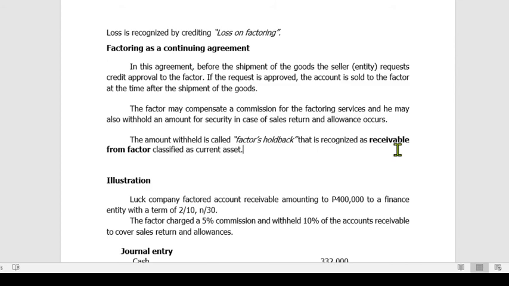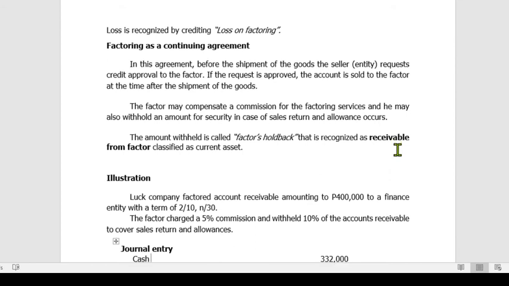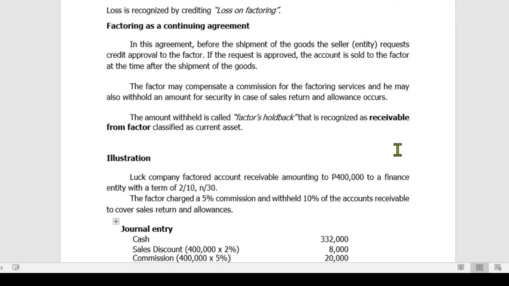So kaya sinasabing continuing agreement because hindi lang siya basta simpleng ibinenta mo siya, because there are conditions after the sale na meron pa ring effect on the records of the entity selling the accounts receivable. So let us look at how it is done. Sabi dito, the amount withheld, the factors holdback, is recognized as receivable from factor classified as a current asset.